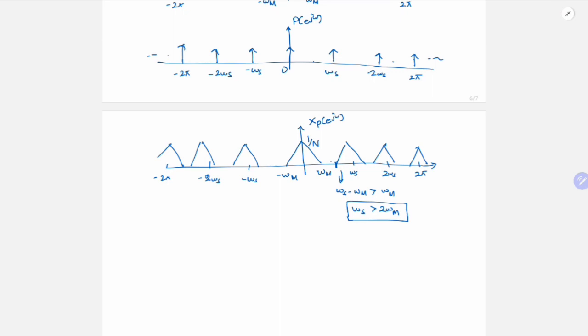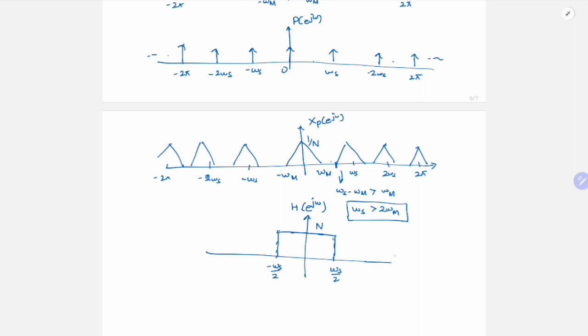So to recover the signal, what do we have to do? We just have a low pass filter. I'll call it H of e power j omega. So it will be scaled by a factor of N, and it will be between minus omega s by 2 to omega s by 2.